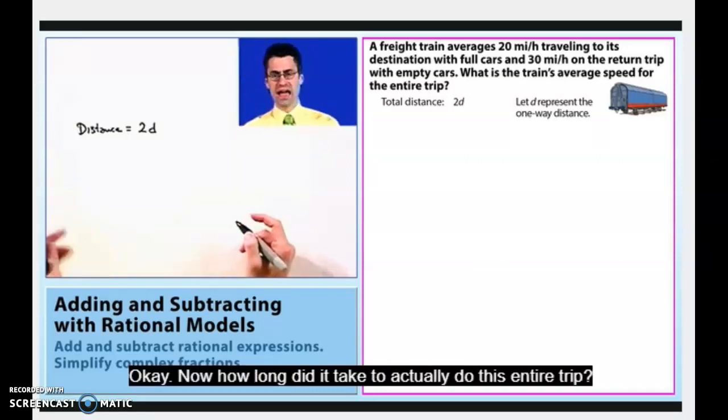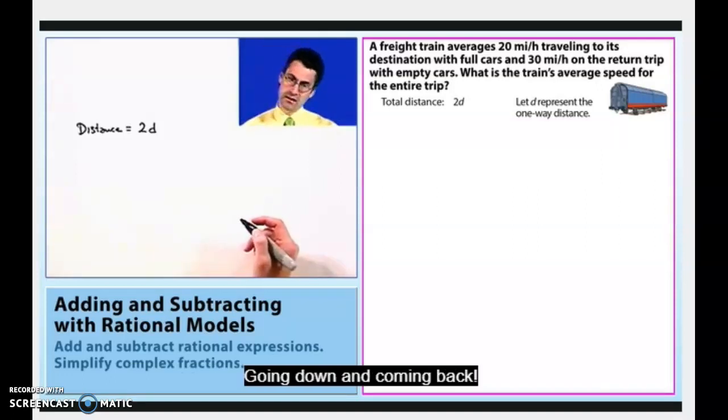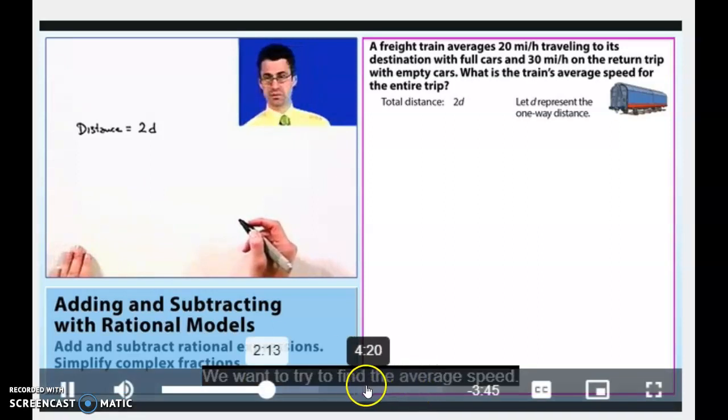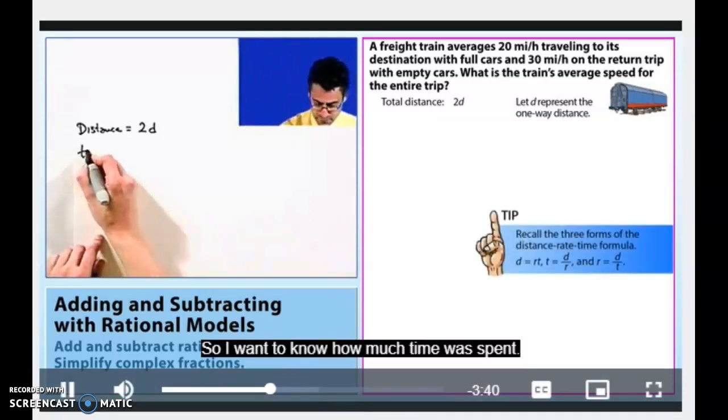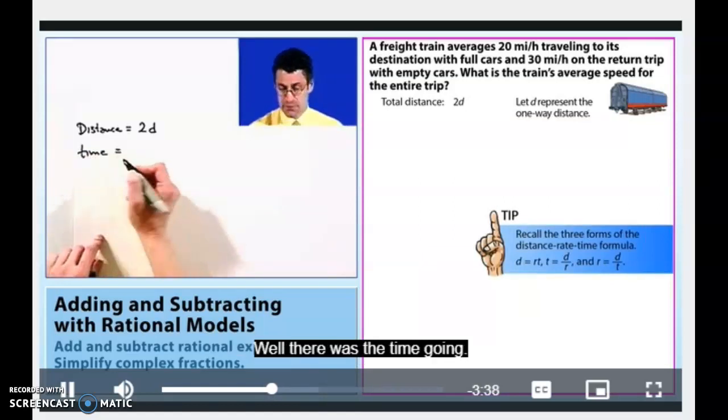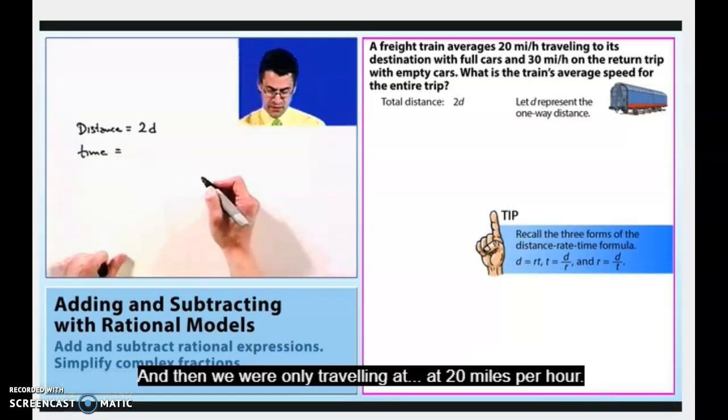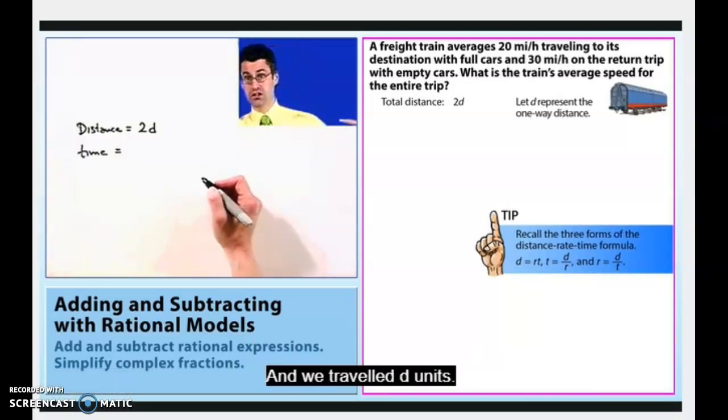Okay, now, how long did it take to actually do this entire trip, going down and coming back? We want to try to find the average speed, so I want to know how much time was spent. Well, there was the time going, and then we were only traveling at 20 miles per hour, and we traveled d units.